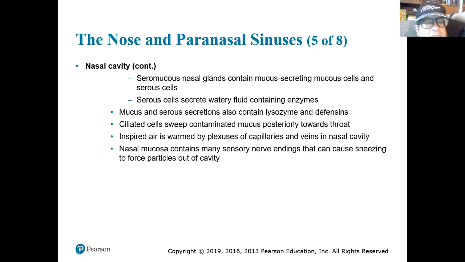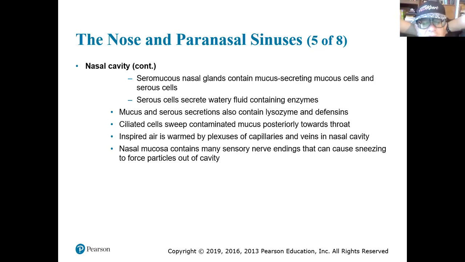Okay, so seromucous nasal glands contain mucus-secreting mucus cells and serous cells. The serous cells make a watery fluid that has enzymes that'll help to kill things that try to get up your nose. Mucus and serous solution both have lysozymes and defensins to help destroy things that should not be getting in.